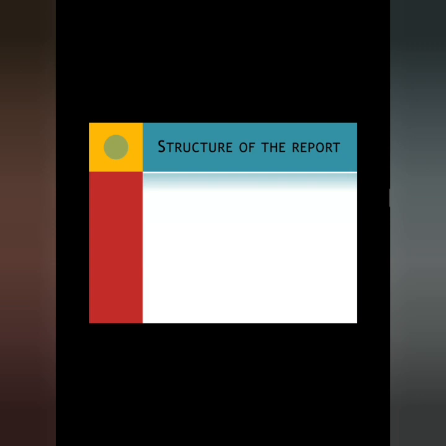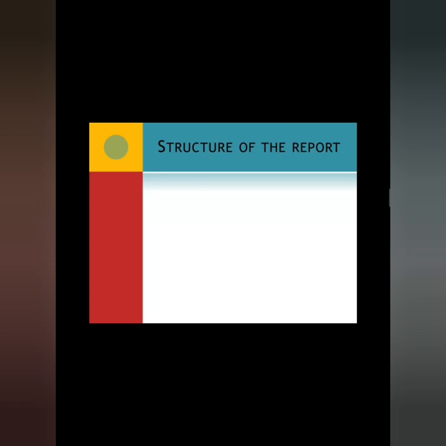After that, you will see the main section. So in the main section, you will see all the chapters of your study. So we'll start with abstract, followed by Chapter 1, introduction, Chapter 2, literature review, Chapter 3, methodology, Chapter 4, findings and discussion.